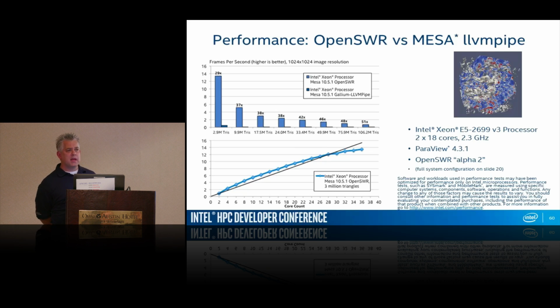So as complexity increases, you can see how some of our parallel features get us a better advantage. On the graph below, this is scaling a 3 million triangle workload over number of cores. Obviously, the fewer cores we use, the lower our performance, but you can see that our progression is actually very linear. So we have very good scalability.